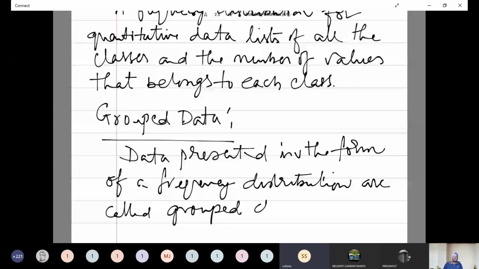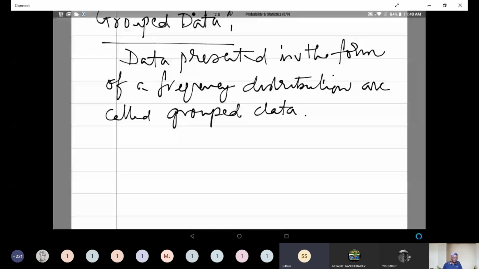And the students already know class interval, lower limit of the class, upper limit of the class, midpoint of the class, relative frequency and percentage of this one.